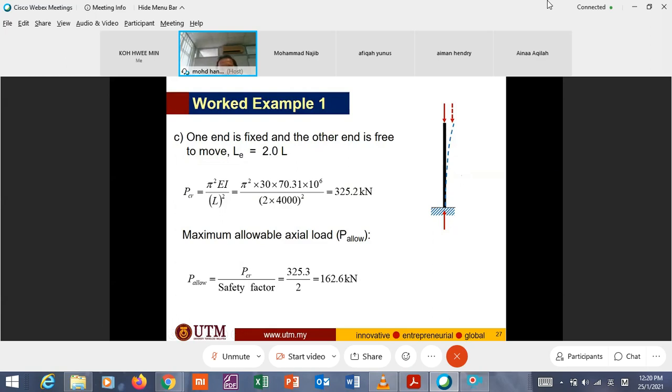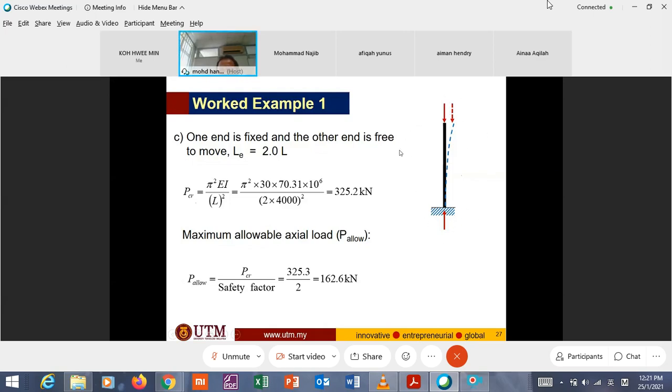What is an example of a cantilever column? You can look around you. Have you seen a goal post?